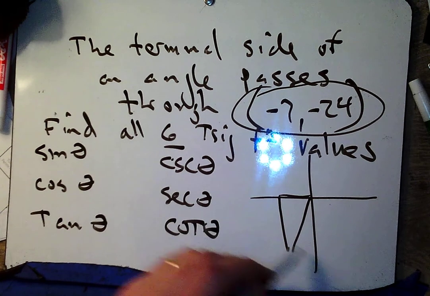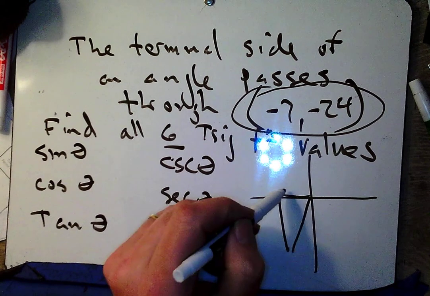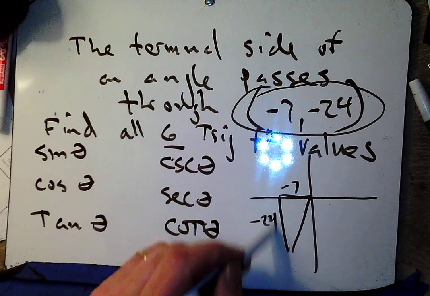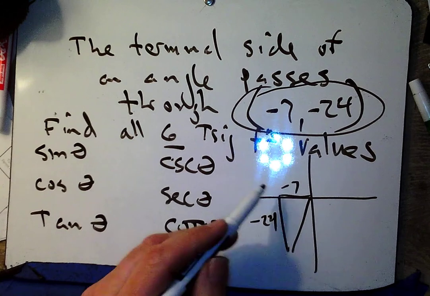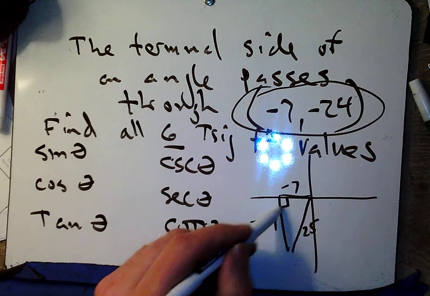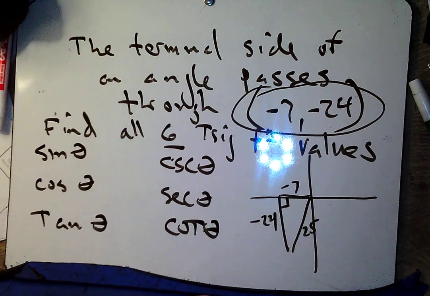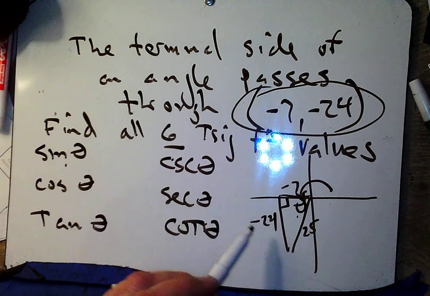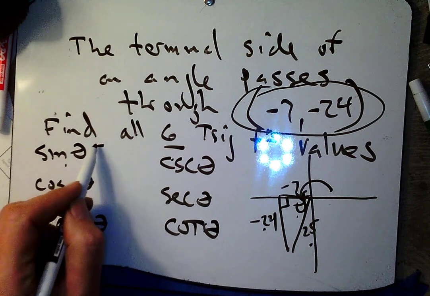Remember, never to the y-axis, always to the x-axis. -7, -24. And either with Pythagorean theorem or knowing your Pythagorean triples, you should recognize that that's 25. All right, well, there's our angle. And sine opposite over hypotenuse.